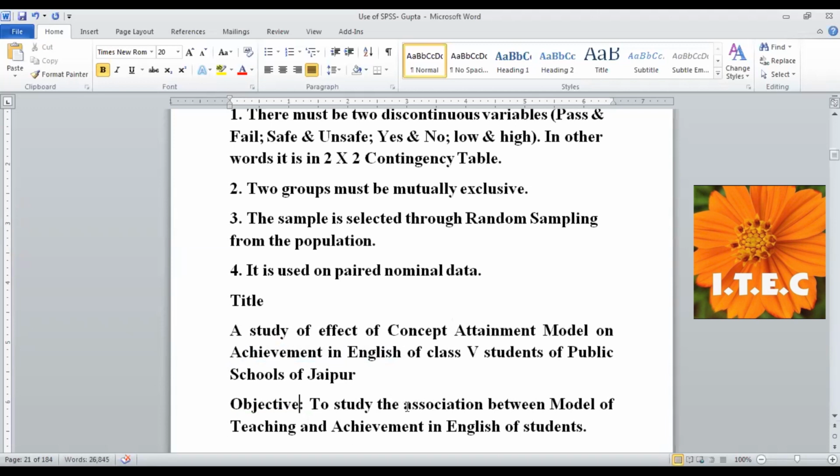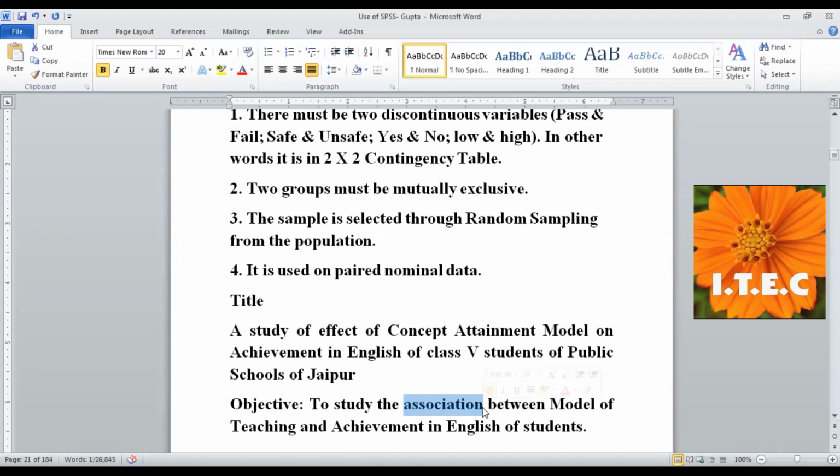So here, if I do not write the word association, and if I write the word mean, then it will be in the probability sample, it will be in the parametric statistics.